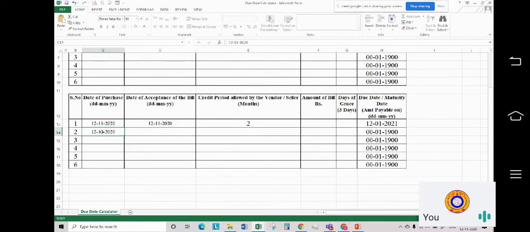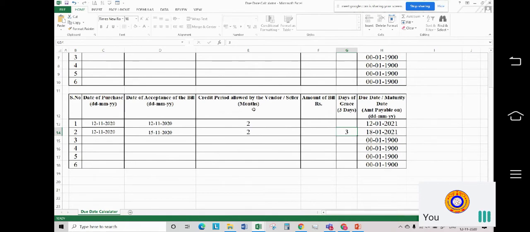I'm mentioning today's date as the date of purchase, but it was accepted on 15th of November after Diwali, and the same 2 months is the time period. So here if you see, the due date is 15th of January. After adding my grace days, 3 days, it becomes 18th of January.